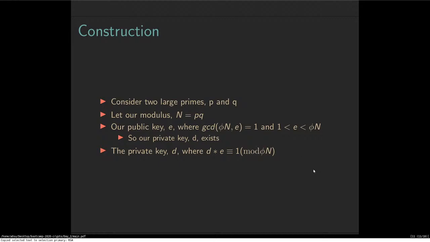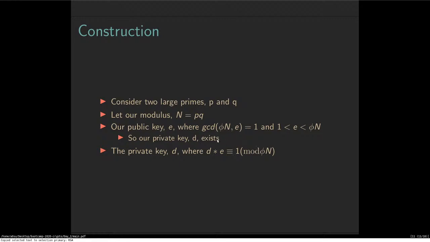What that does is it counts the number of relatively prime numbers to this number when you iterate from 1 to this number. So what that essentially means is that we're looking for E and phi of n to be co-prime. And in doing so, that means that our private key D will exist, otherwise it would not exist.